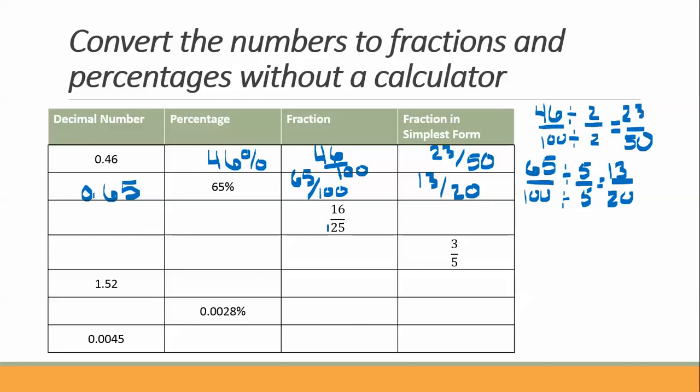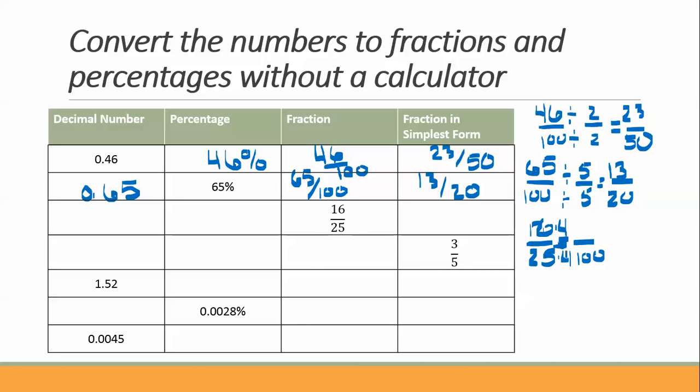Now we have 16 over 25. To get a percentage, we want it as something over 100. So we want to multiply to get 100 in the denominator. If we multiply by 4, we get 100, so when we multiply the denominator, we need to multiply the numerator by the same thing.